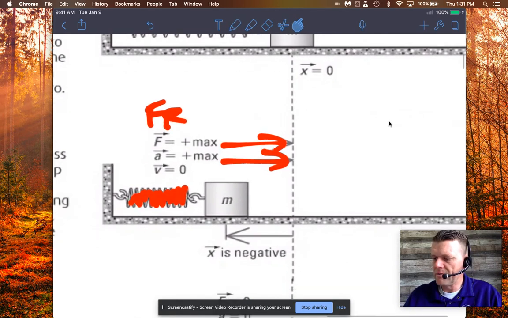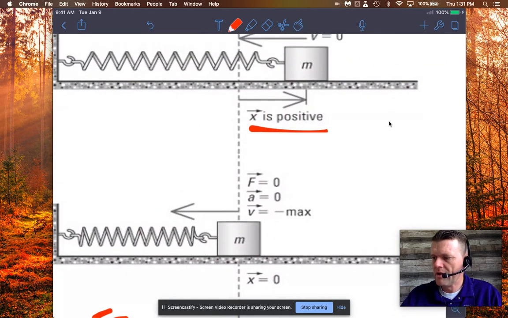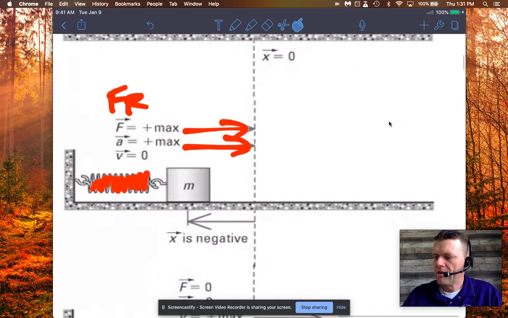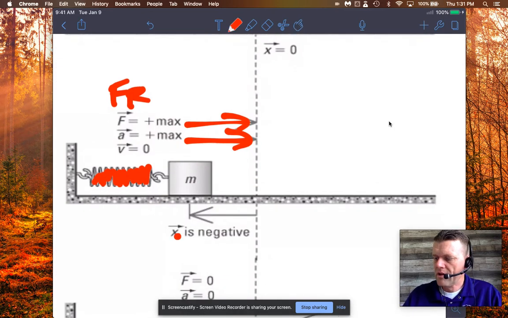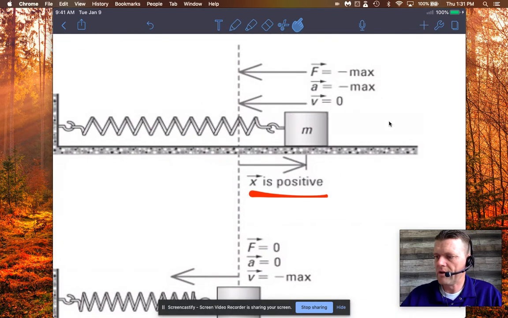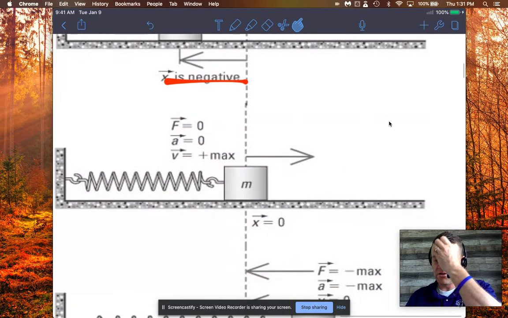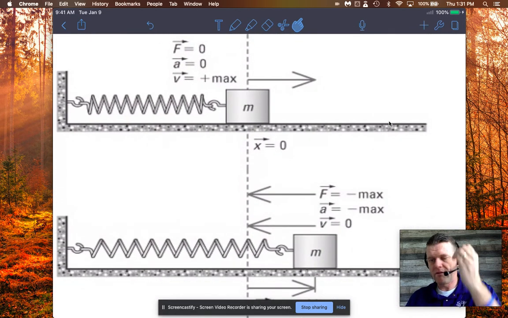We should note the displacement too. Here, the displacement is positive, and down here, the displacement is negative. When you have a negative displacement, you have a positive force, and when you have a positive displacement, you have a negative force. Hopefully that makes sense in terms of how this would move. You can visualize that in your head. It just goes back and forth, back and forth.